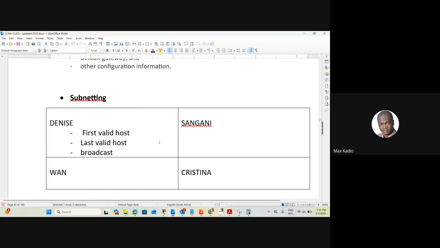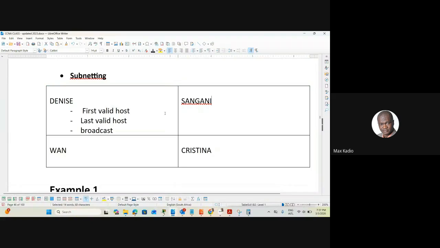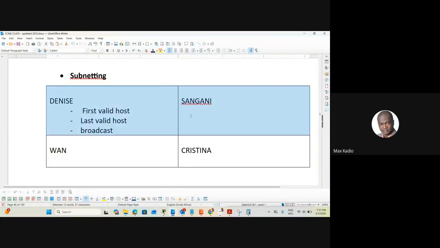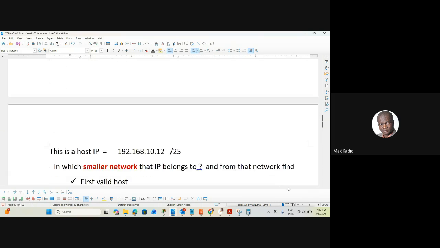It means your room has been divided in different parts, maybe 4 parts like here, or 2 parts. How many parts? We have to know that. And per part, we have a first valid host, last valid host, and a broadcast. We'll do step by step. Let's take an example. Example 1.